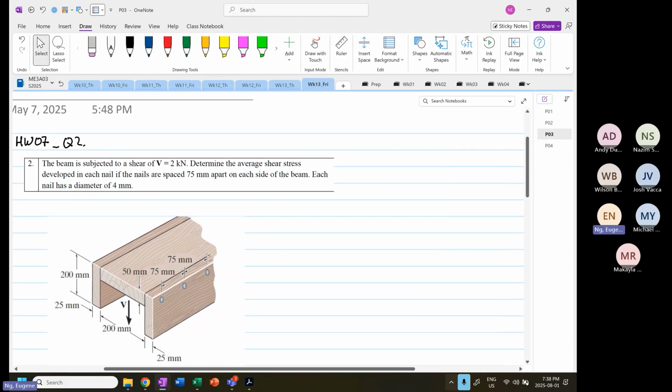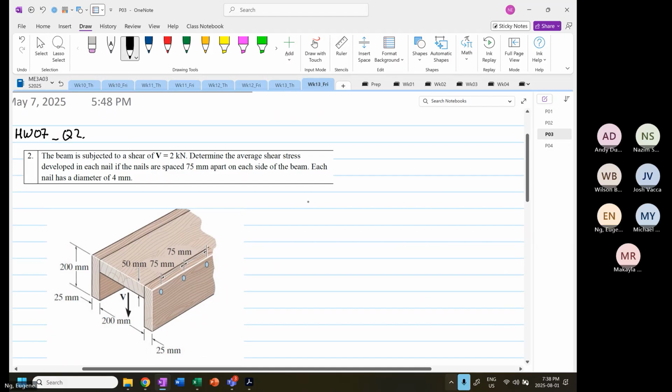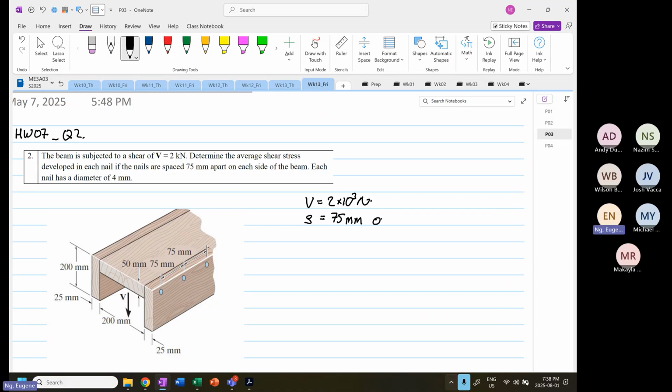So we know that V is equal to 2 times 10 to the power 3 Newton, and we know that S is equal to 75 millimeters or 0.075 meters.